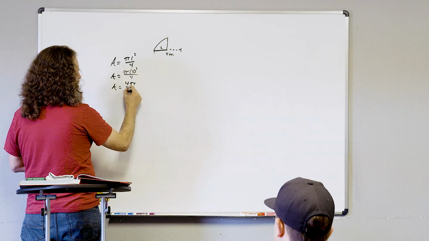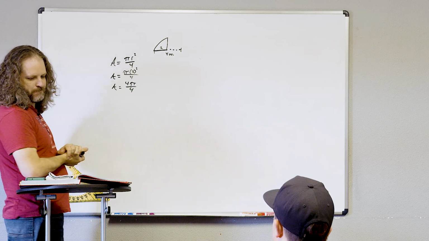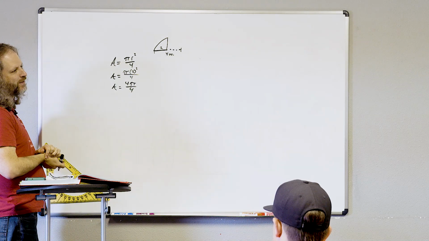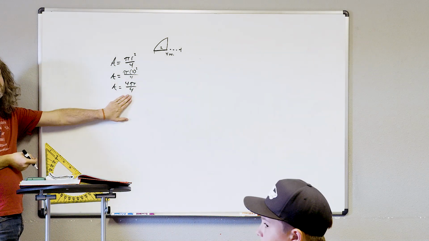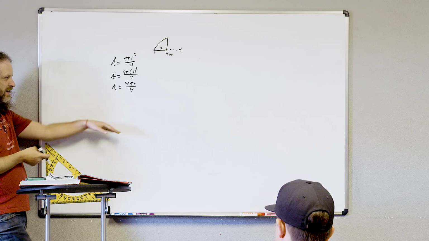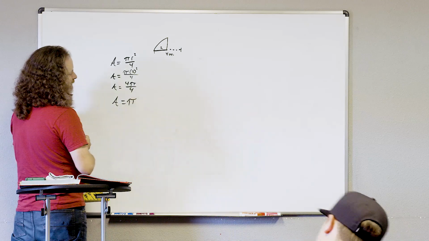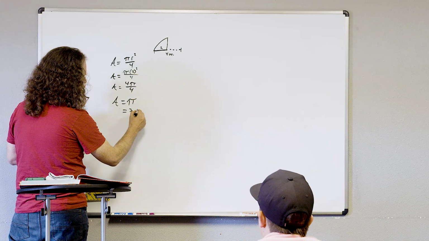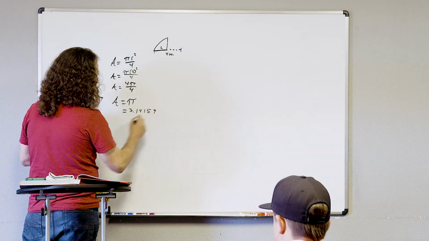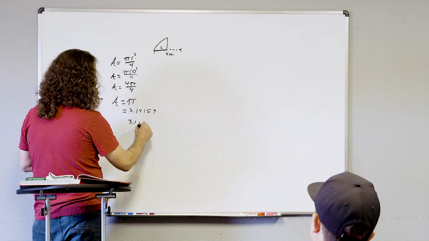But before you punch it in, what do you notice is going to happen here? Before we even punch something in the calculator, what can we do? The fours will cancel. Yes, they will. So the area is pi. 3.14159. We've got to round to the nearest tenth, so 3.1 meters squared.